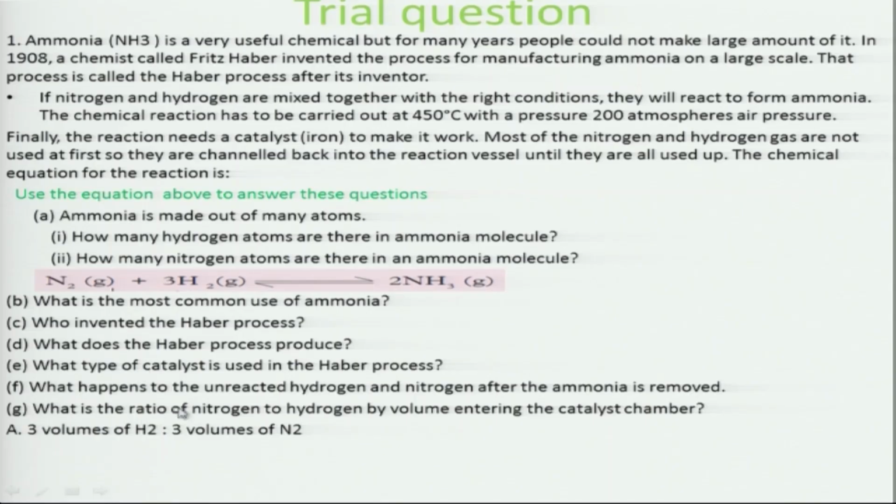What happens to the unreacted hydrogen and nitrogen? We talked about that. What is the ratio of nitrogen to hydrogen by volume? Is it three volumes of hydrogen, three volumes of nitrogen? So you need to tell that, because we have looked at that together here.